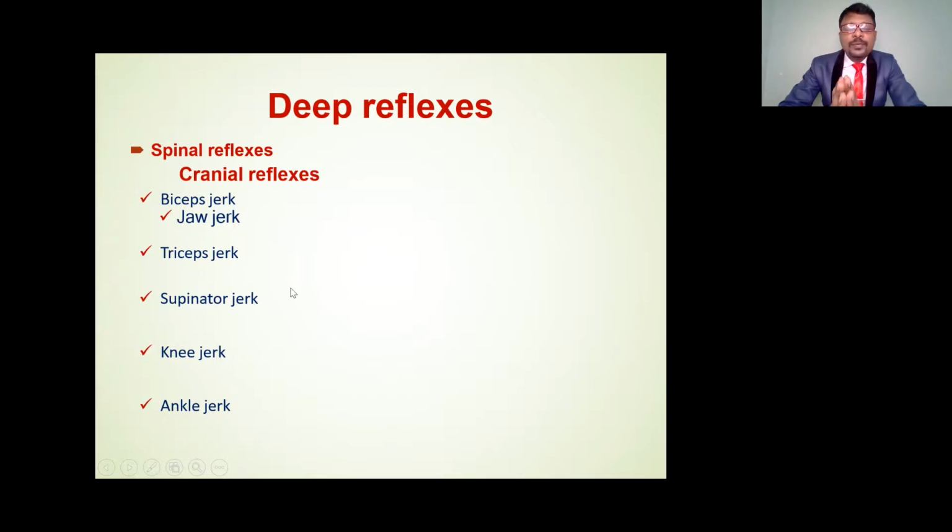While assessing the motor examinations, if any patient comes with a motor disability or motor problems, if the person is unable to walk, has muscle weakness, or is a stroke patient, whether conscious or unconscious, if we do these reflexes, we are going to find the status of the nervous system.